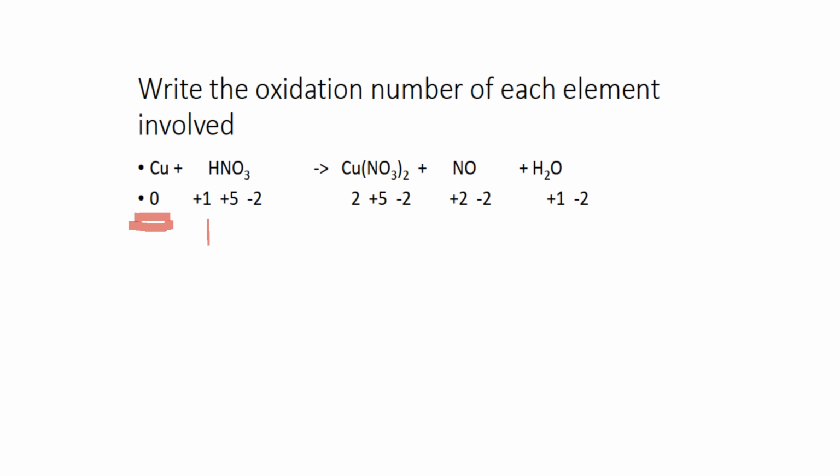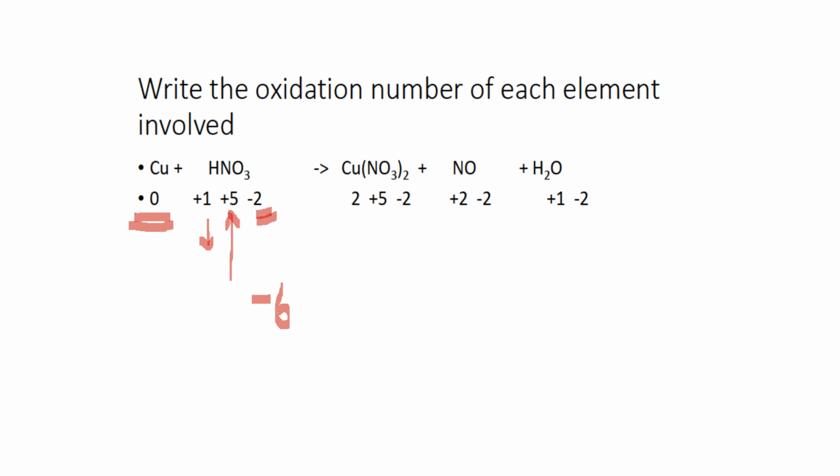Hydrogen is +1. Nitrogen is +5. That's because oxygen here is having its common oxidation state of -2, and this -2, when you multiply it by 3, it becomes -6. So therefore -6 + 1, nitrogen is there in the +5 oxidation state.